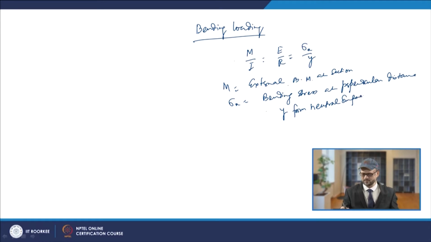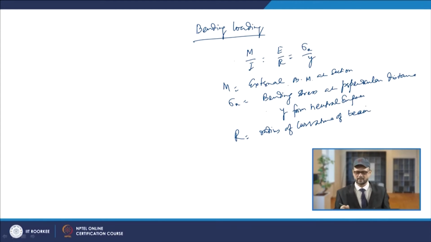And R becomes the radius of curvature of the beam, and the rest left is E, that is your Young's modulus of elasticity of the material.